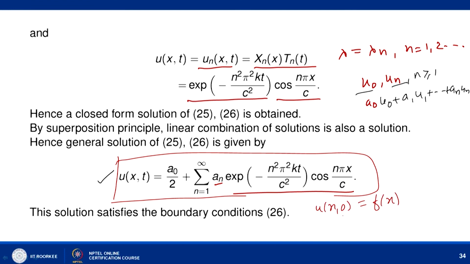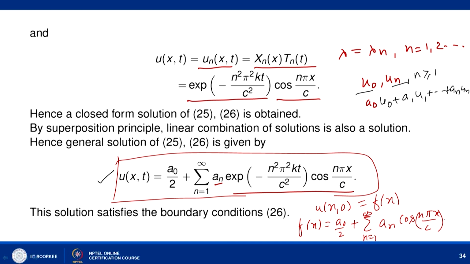Using this, we can write f of x equal to a naught by 2 plus summation n from 1 to infinity a n cos of n pi x by c, and then we can obtain our coefficients a naught and a n.